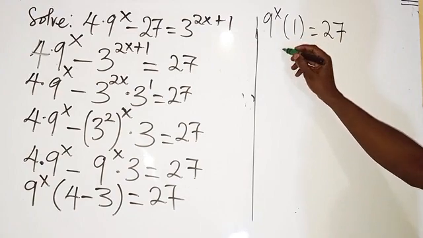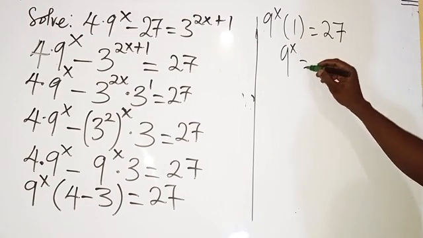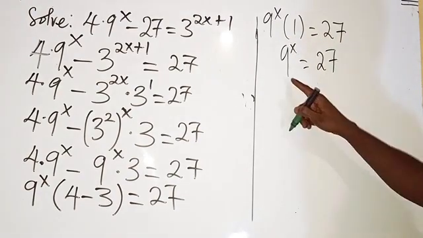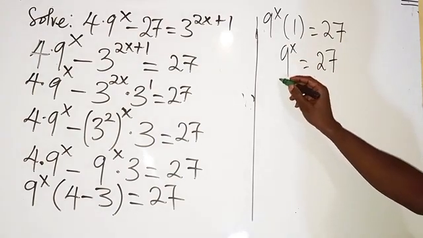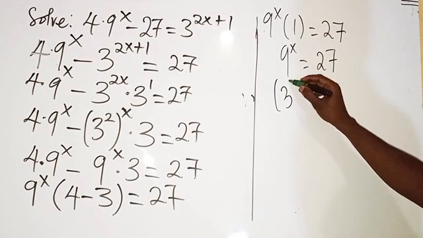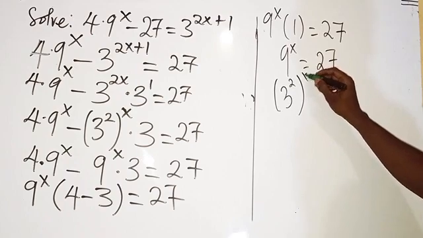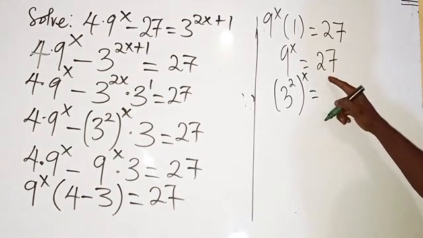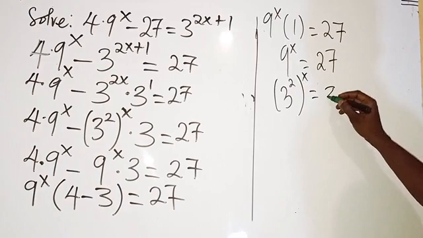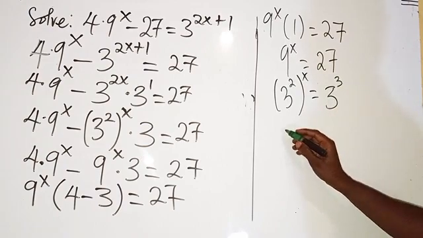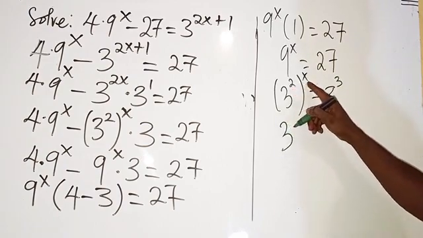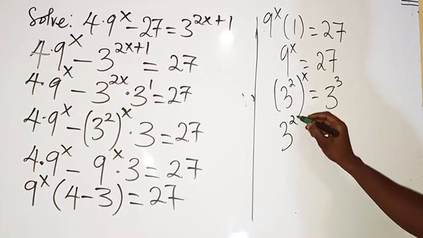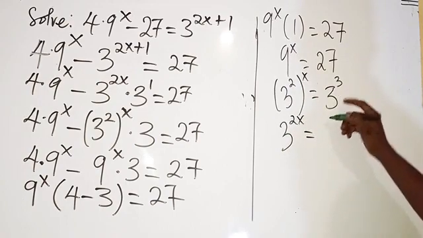So we can rewrite this as 9 to the power x equals 27. 9 to the power x is the same thing as writing it as 3 to the power 2, then x, equals, and this 27 can also be written as 3 to the power 3. So now we have 3 to the power 2x equals 3 to the power 3.